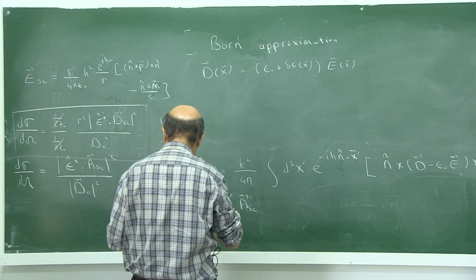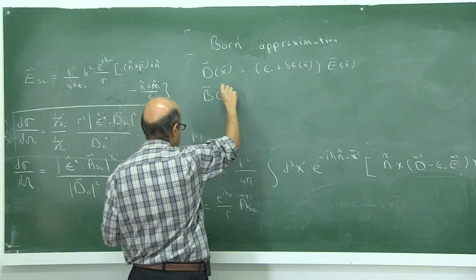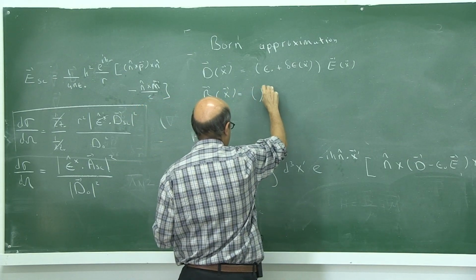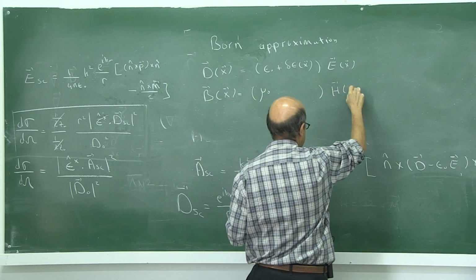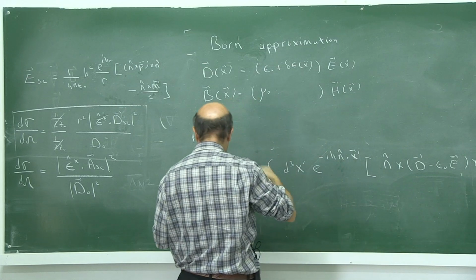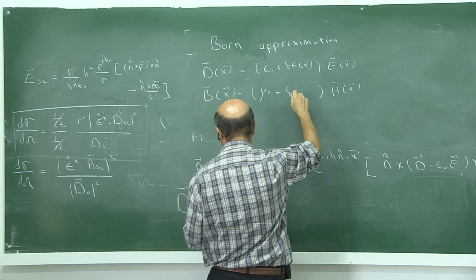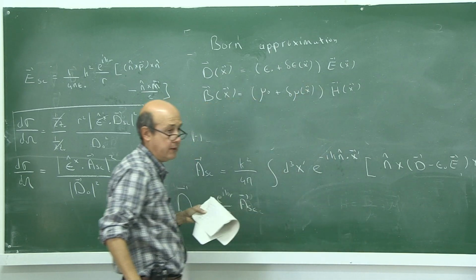And the B field, B of x, is mu 0 times H of x plus some variation in the magnetic permeability in the medium. You can write this.